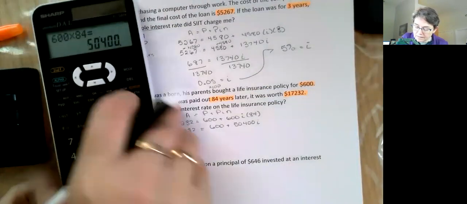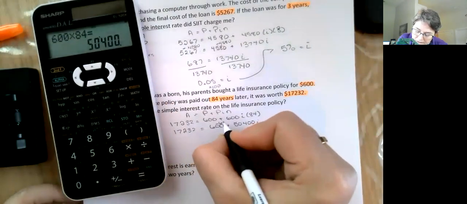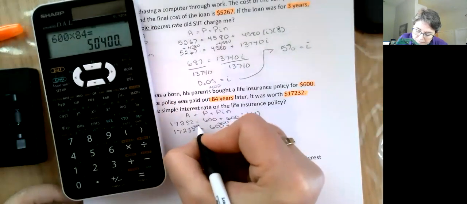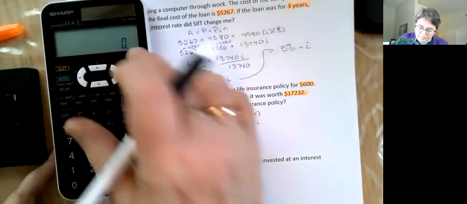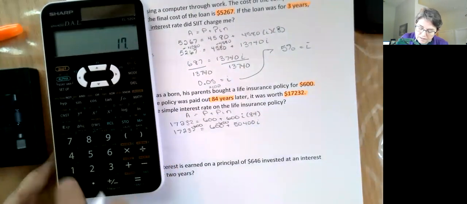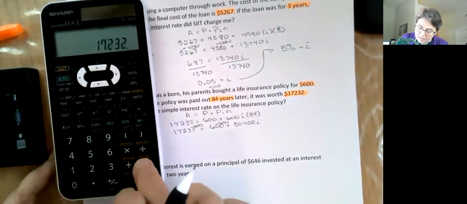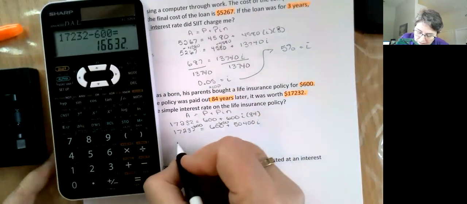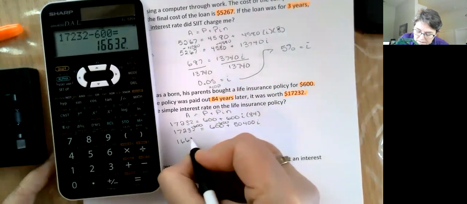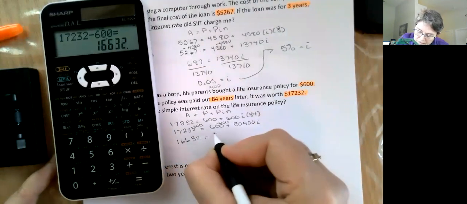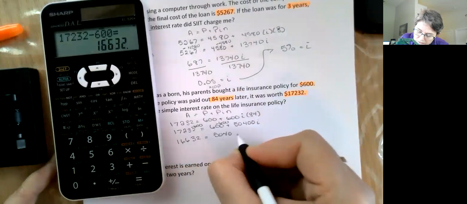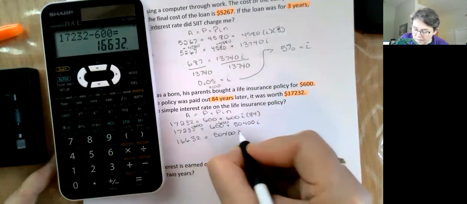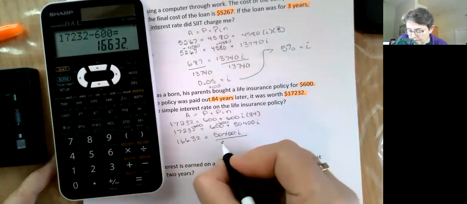Let's see, what do we do next? Subtract 600. 17,232 minus 600. 16,632, 50,400. Interest, divide it out.